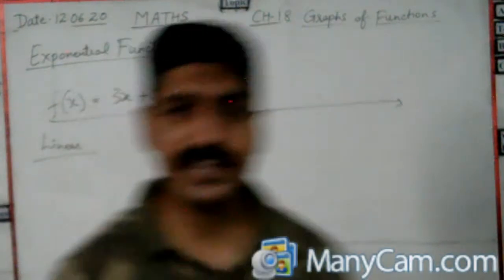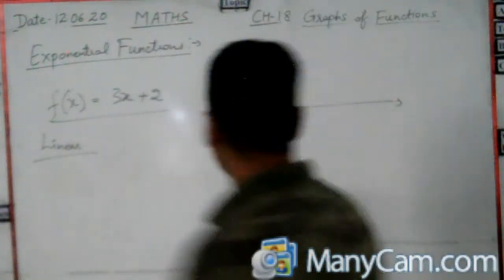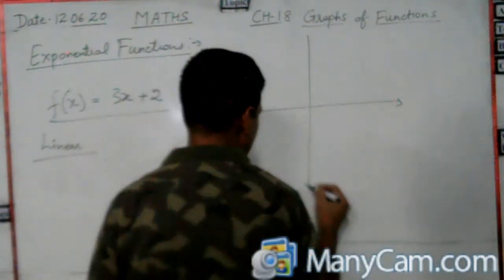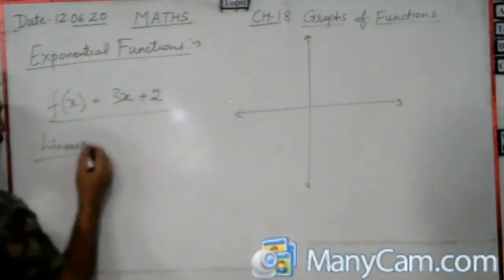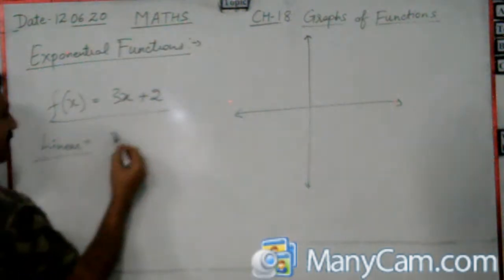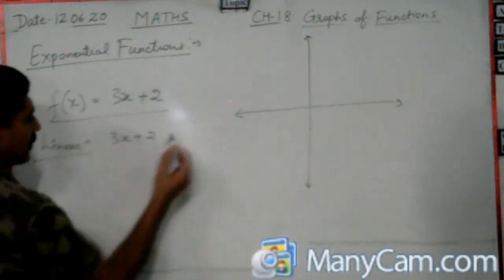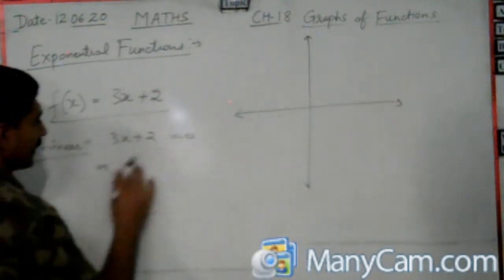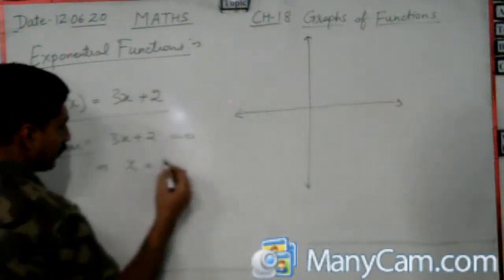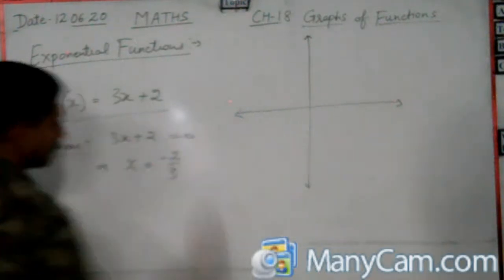Here the degree of the variable is 1, and always remember, for the linear function, if 3x plus 2 is equal to 0, this implies that x is equal to minus 2 by 3.